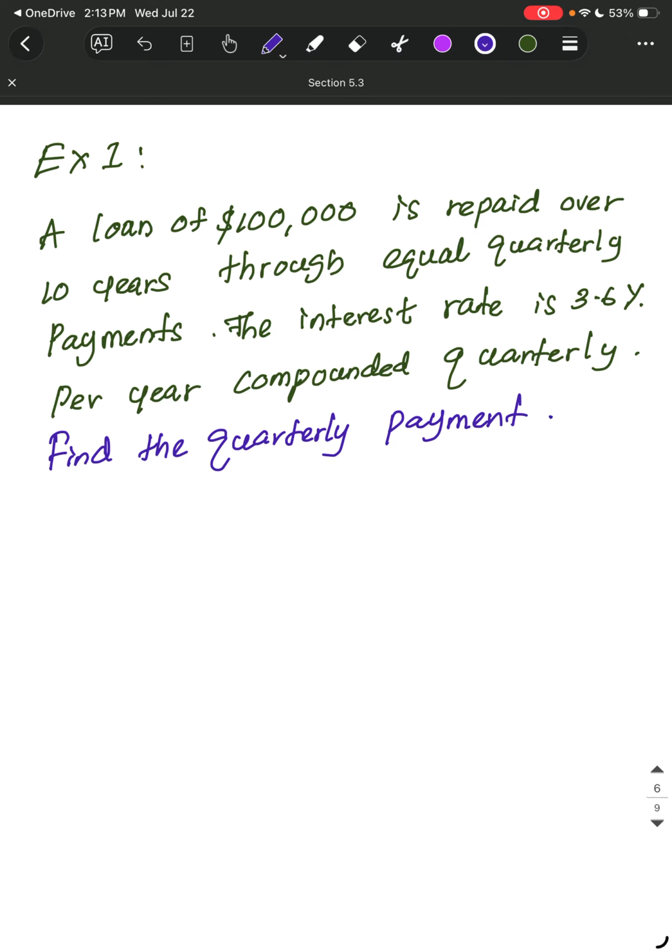Okay, let's solve this problem step by step. Step 1, identify the present value. The present value is 100,000 because the amount borrowed, the loan, is $100,000.